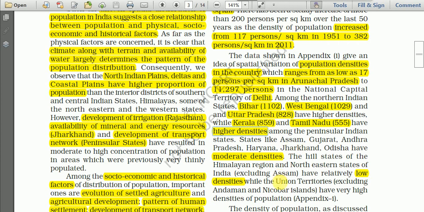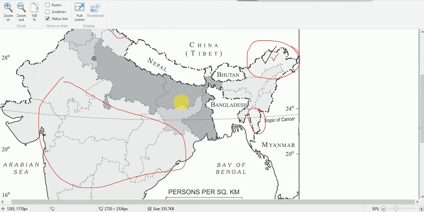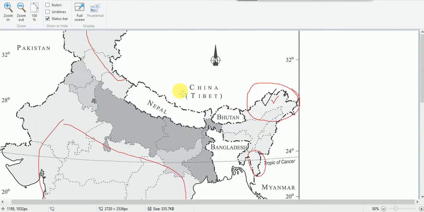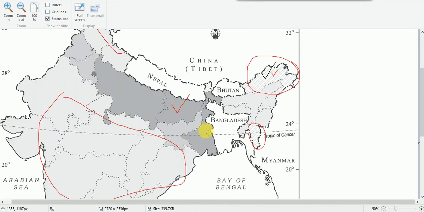So from this we know that according to the 2011 census, Bihar is the state having the highest population density, with a density of 1102.